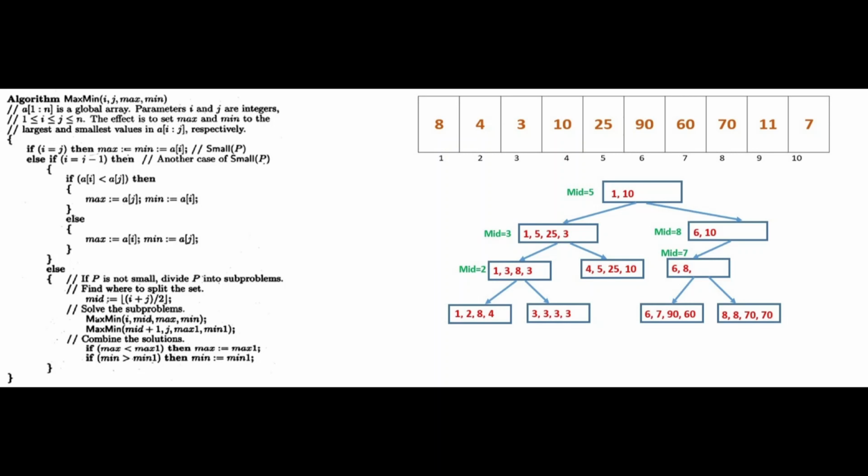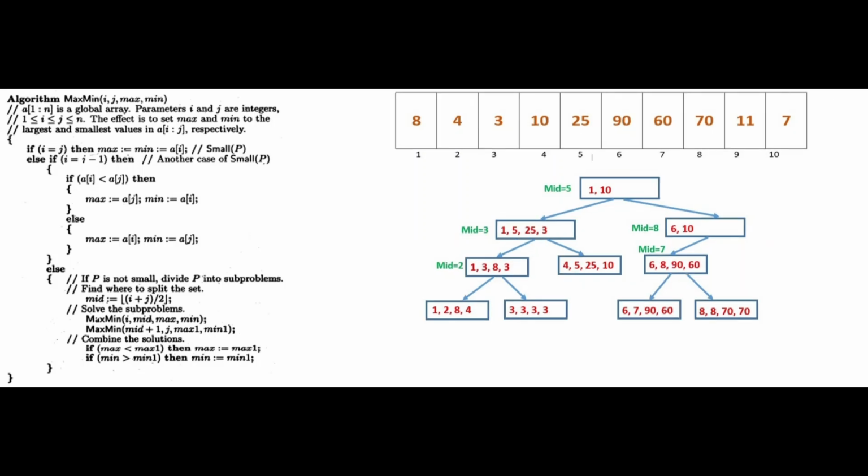From 90 and 70, the maximum value is 90, so assign 90 to variable max, and from 60 and 70, min and min1, sorry, the minimum is 60, so assign 60 to variable min. Okay, 6, 8, 90, 60. That algorithm completes its execution. All statements are executed. That algorithm's execution is completed.